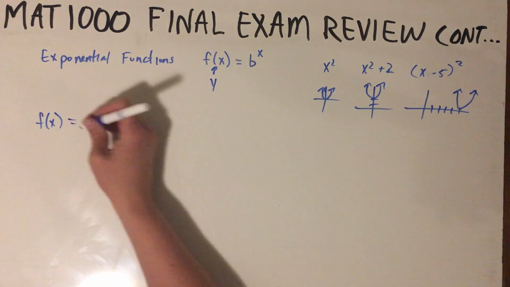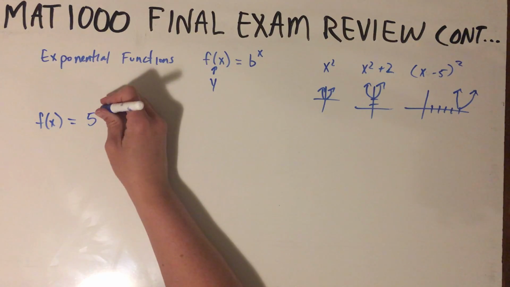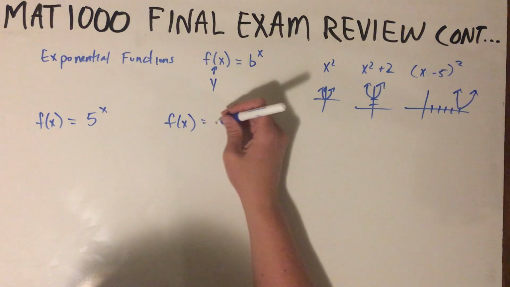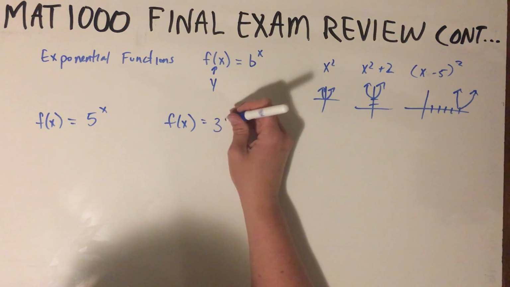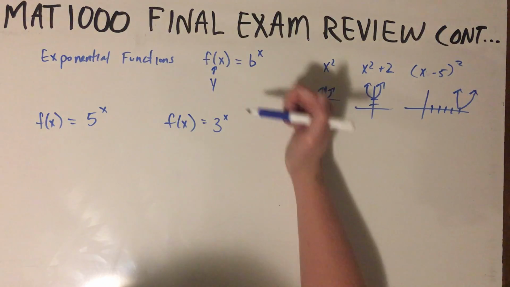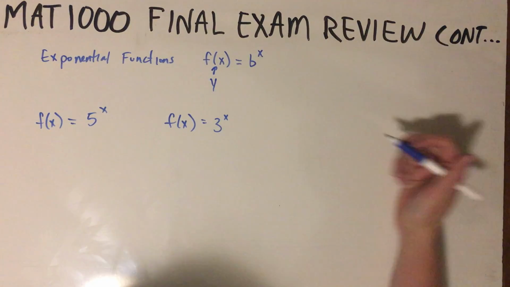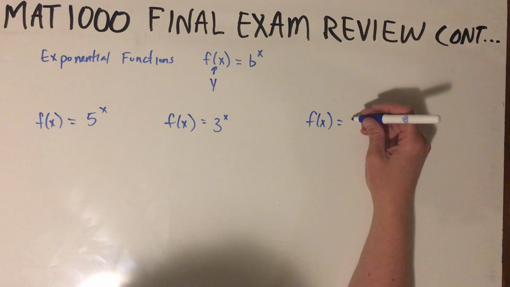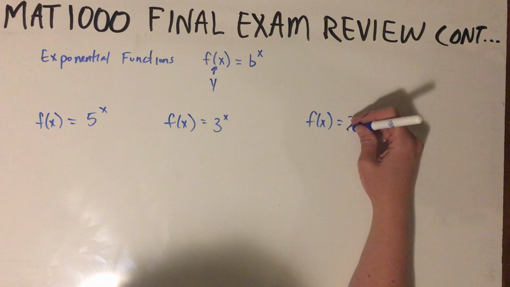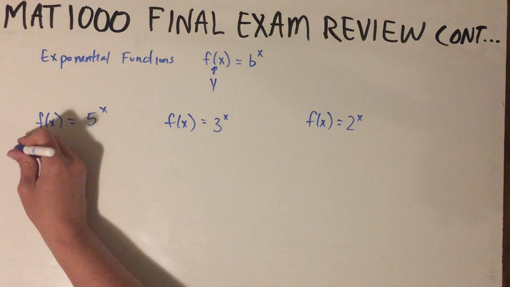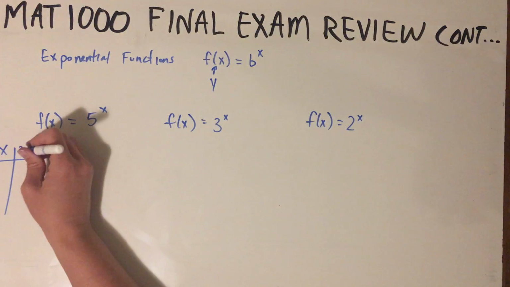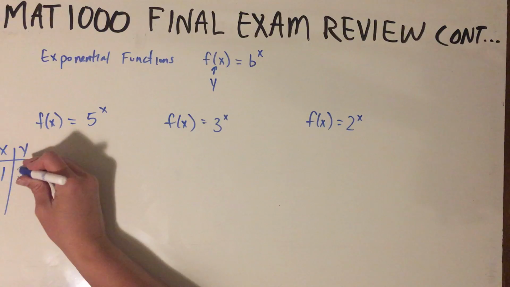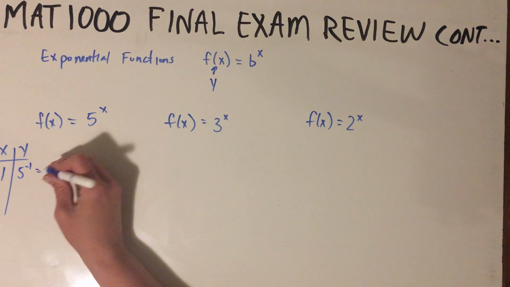3 exponential functions. Let's graph 5 to the x, 3 to the x, and 2 to the x. If I were going to make an xy table here, if I plugged in -1, this would say 5 to the -1, which is equal to 1/5.